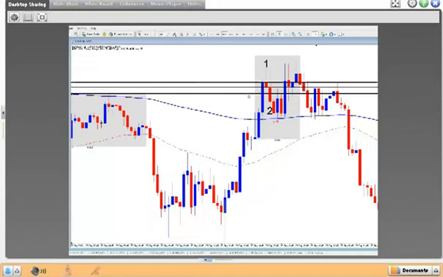Note that the confirming entry is taken anytime after the second candle is closed, and the very basic criteria for the 3rd candle entry is that we take the entry when that 3rd, or in this case the 4th candle, pulls back to and touches the body of that reversal candle.